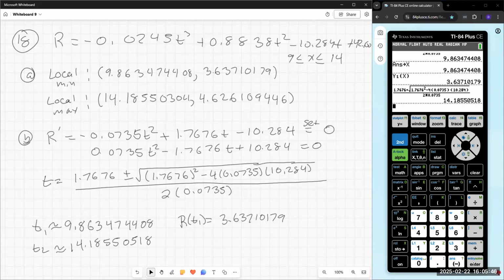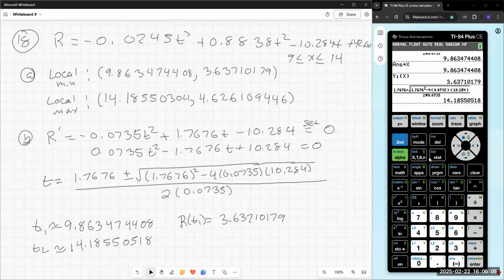So it's a little different because we got it from the quadratic formula instead of from the graph, but that's okay. It's basically the same as this here.